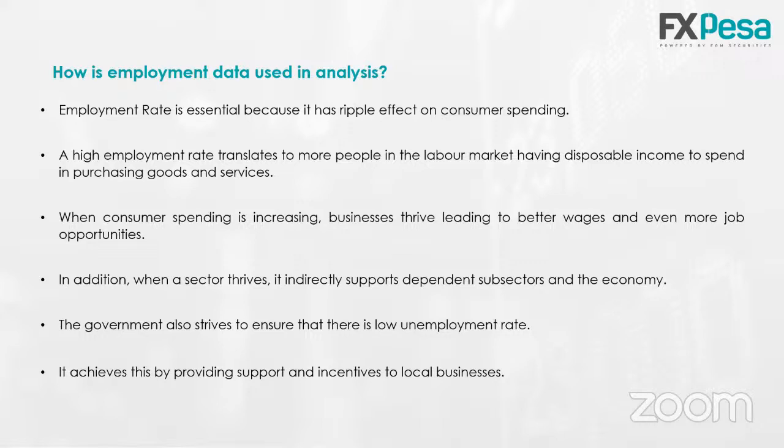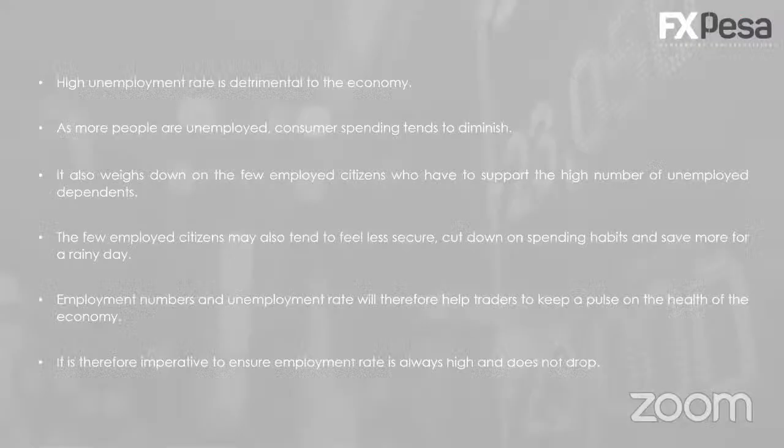The government achieves this by providing support and incentives to the local businesses. We shall have a look at how the government can help to spur the economy towards the end of this presentation. Then, a high unemployment rate is detrimental to the economy.